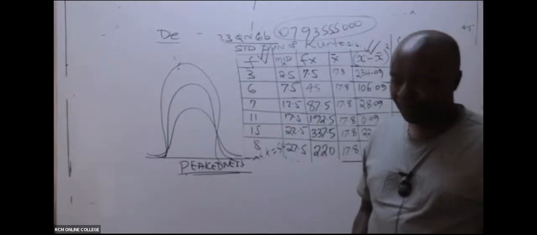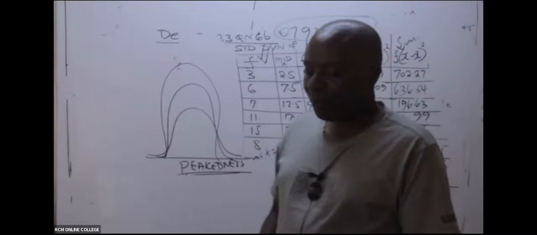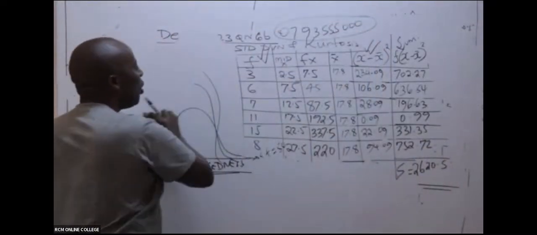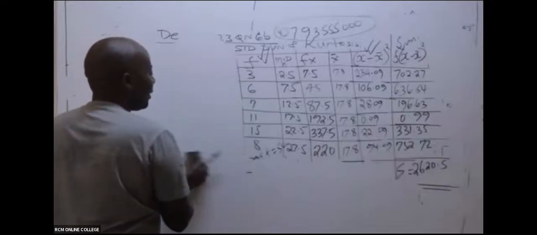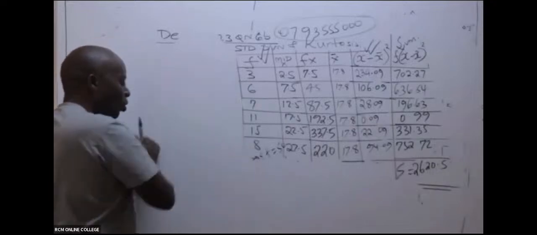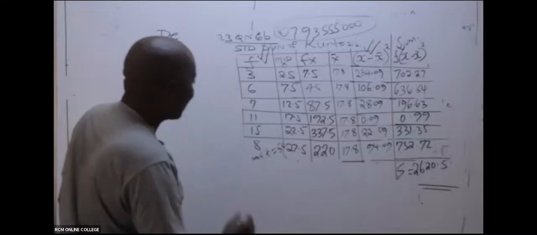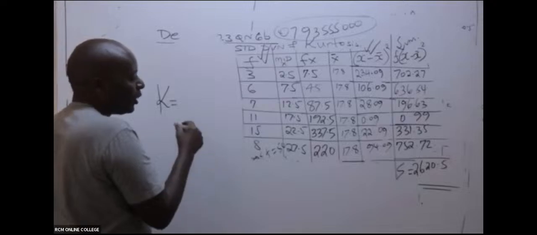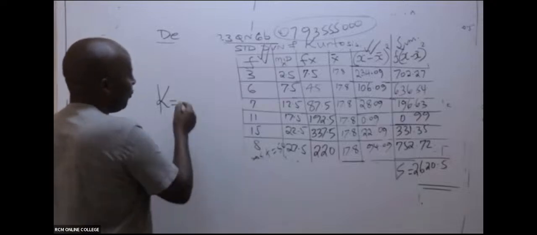All right. The most important thing you're supposed to memorize here is the formula. How do we get this coefficient of peakedness, K for kurtosis? It's very easy. So long as you know the formula for standard deviation, I can give you this very fast.